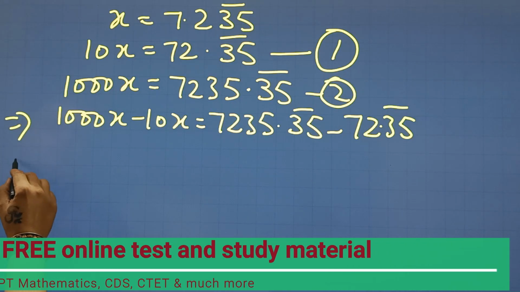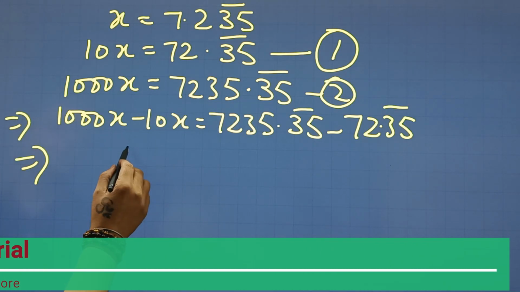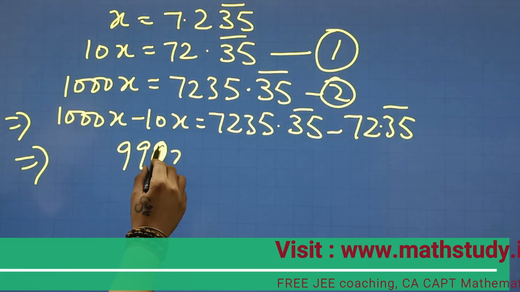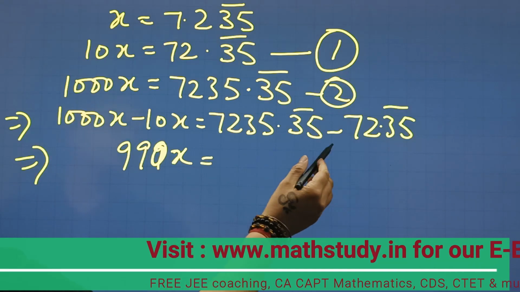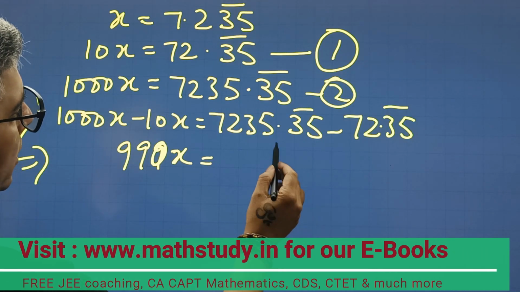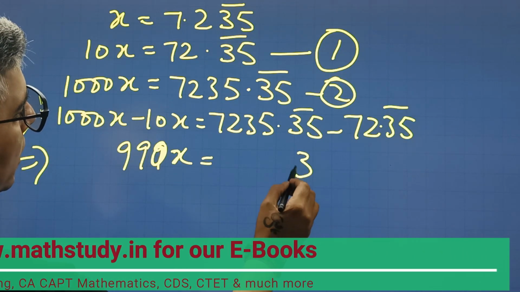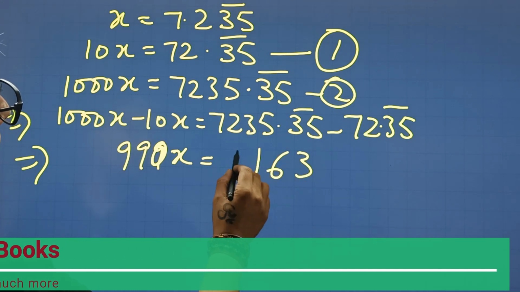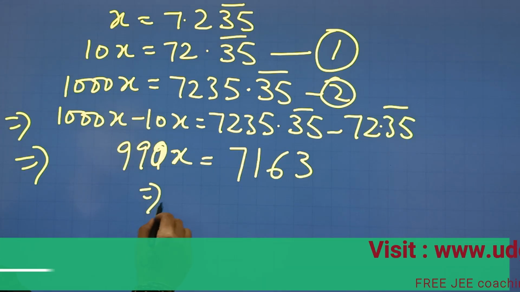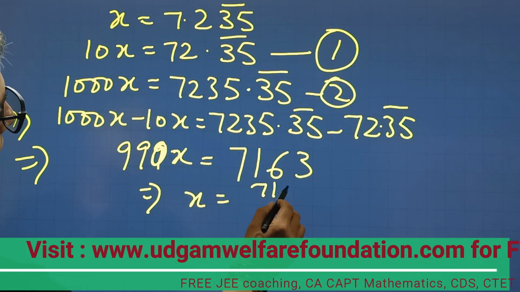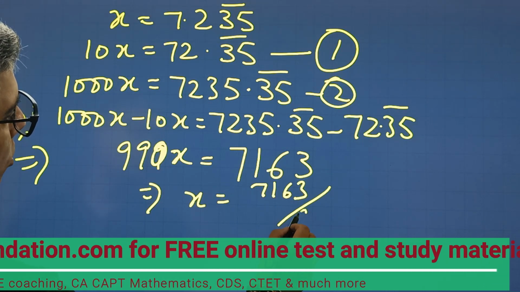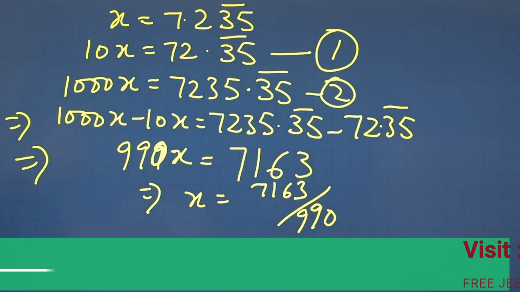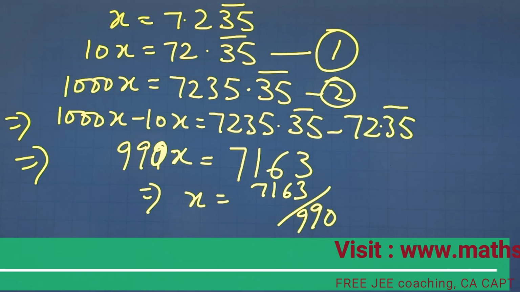So 1000x minus 10x is 990x, equals, 35 bar got cancelled, 7235 minus 72 is 7163. So this implies x equals 7163 upon 990. If there is some common factor, then you can simply cancel it out, otherwise this will be our final answer.